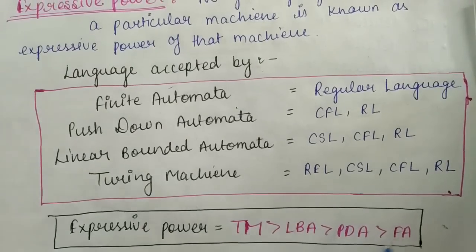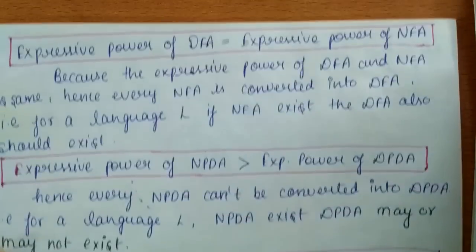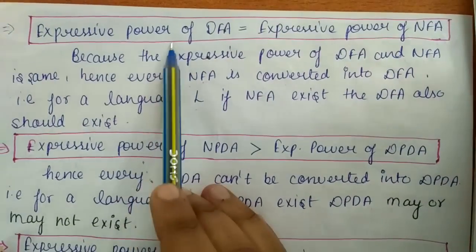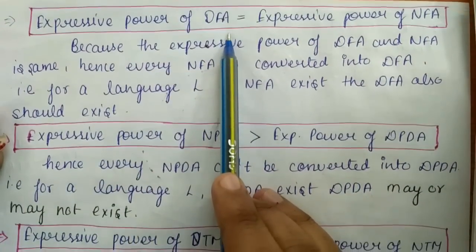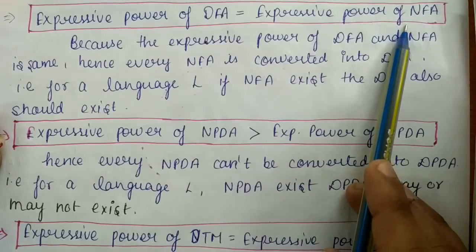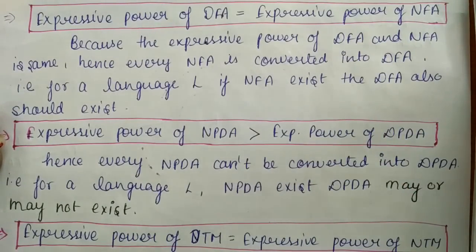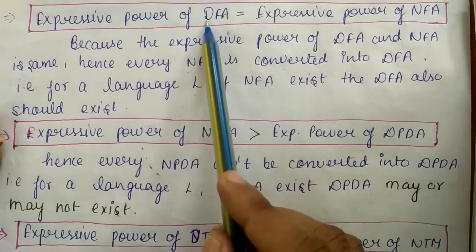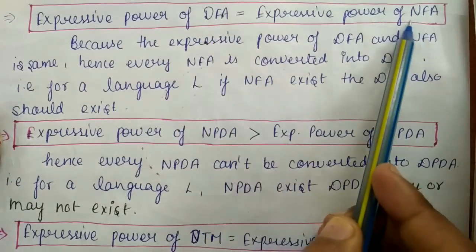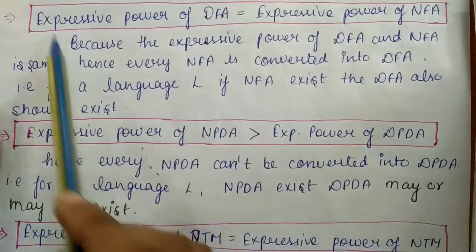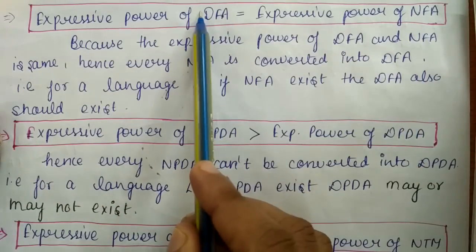Okay, now the expressive power of DFA is equal to the expressive power of NFA. I have also made a video lecture on conversion of NFA to DFA. Because the expressive power of DFA is the same as NFA, it is possible to convert NFA into DFA.